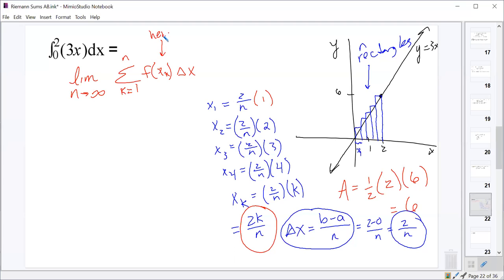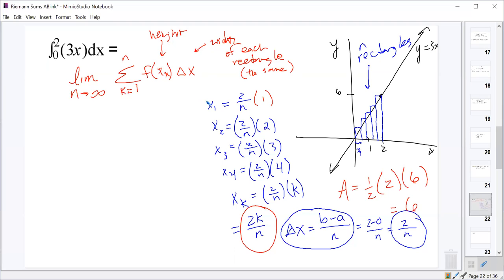So this is our height. This is the width of each rectangle, and each of those widths, they're all the same, right? Delta x doesn't change for each rectangle, but the heights, these are all different. So x sub k changes, right?